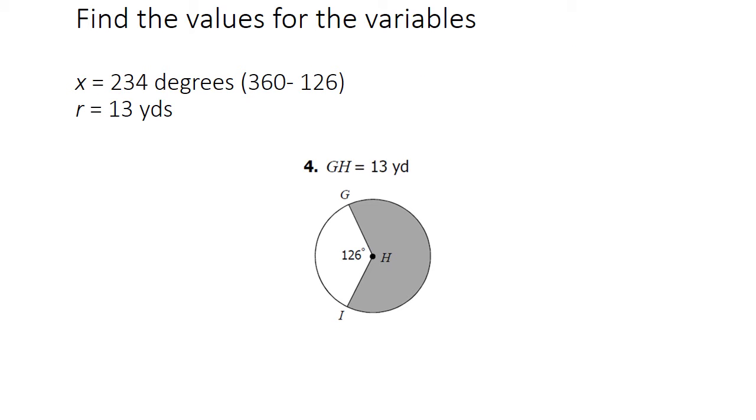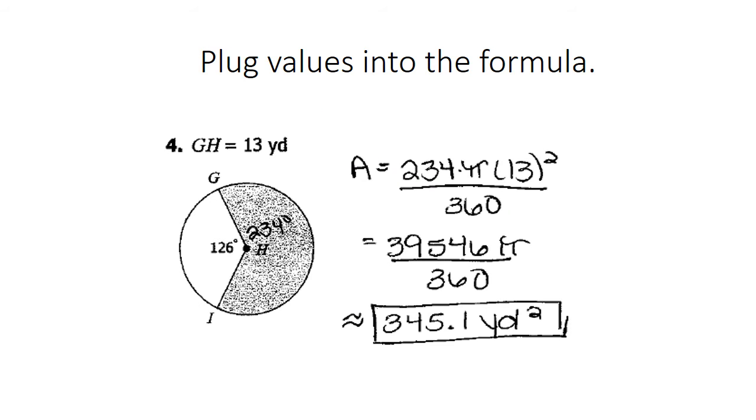So in order to find the central angle for the shaded region, we're going to subtract the 126 from the total number of degrees in the circle, which would be 360, and that will give us 234 degrees, which would be the central angle for the part of the circle that we want to solve for. The radius is 13. We're going to plug those two numbers into the formula, 234 times pi times 13 squared. Simplify that, divide by 360, and we'll come up with 345.1 yards squared.